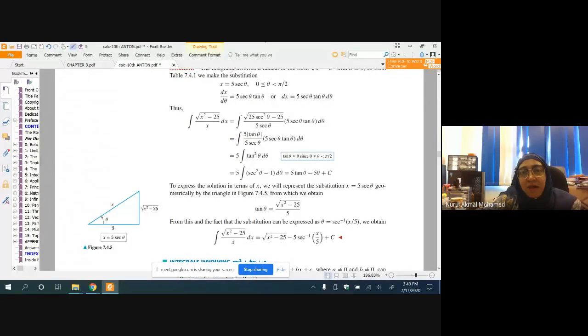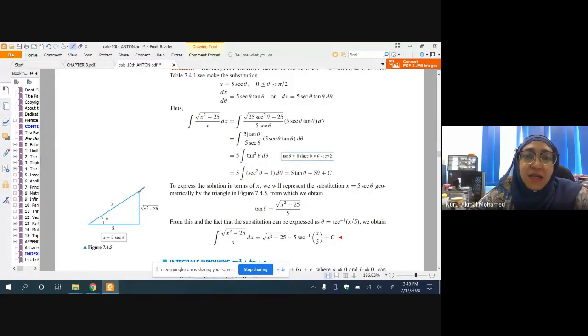If you make secant theta the subject, then you will have secant theta equal to x divided by 5. Secant is 1 over cos, and cos is adjacent divided by hypotenuse, so for secant it will be hypotenuse divided by adjacent.